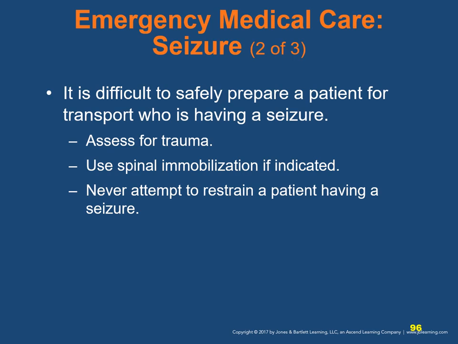A couple of things that are really important here. When you assess for trauma, somebody who's having a seizure may have thrown out an arm or leg, and because the seizure can cause such intense muscle contractions, they could actually break something.